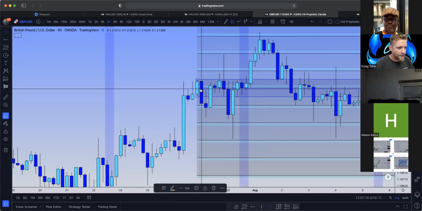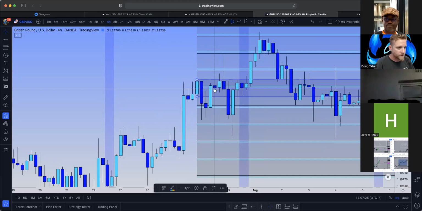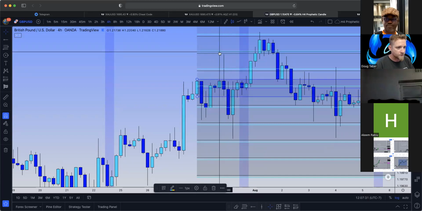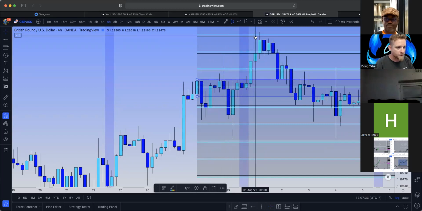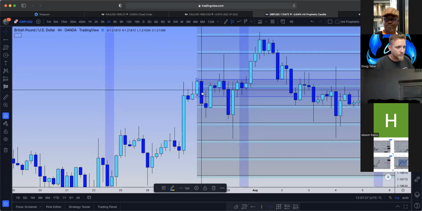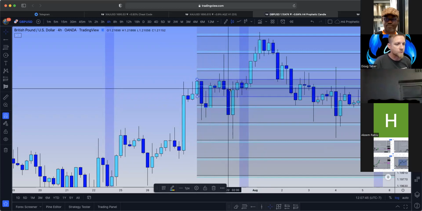So all the settings for these levels on both sides of my setup. Once I have my AQZ that has confirmed, this is going to give me levels to play in. On the sell side, these are targets for the sells down here, and these are targets for the buys up here. Now, price that's trapped on this candle here going to the right is an equilibrium of sorts.